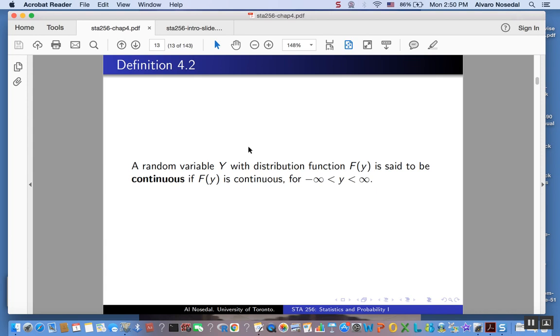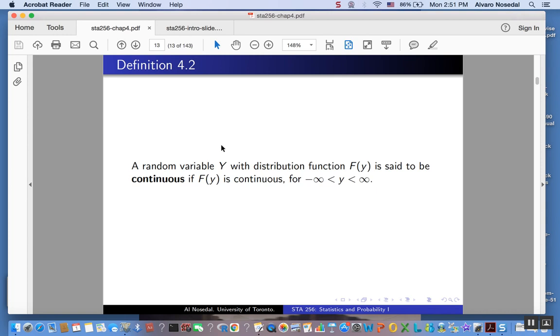That's definition 4.2 from our textbook, and what we're saying here is that a random variable will be continuous if the CDF, remember that we used that notation, capital F, to refer to the CDF, the cumulative distribution function. Okay, so if the cumulative distribution function is continuous, then we're going to say that the random variable y is continuous.